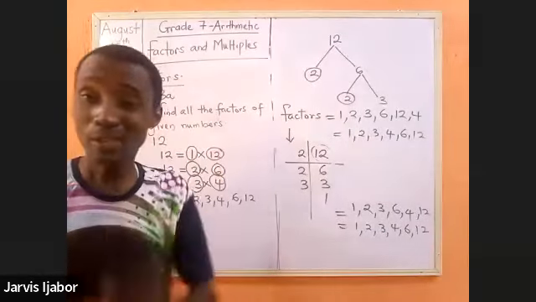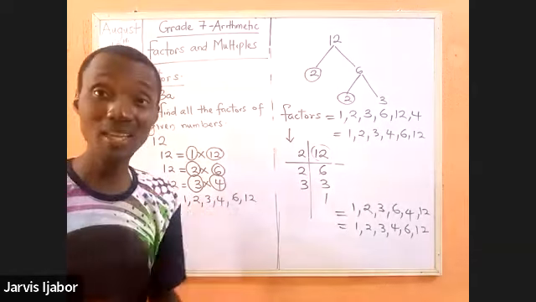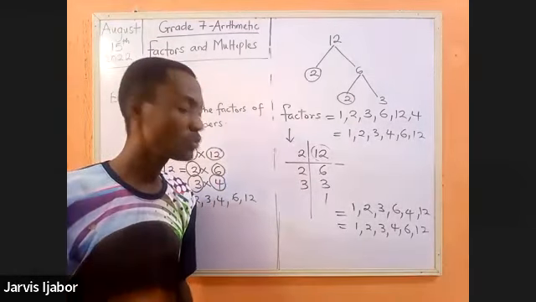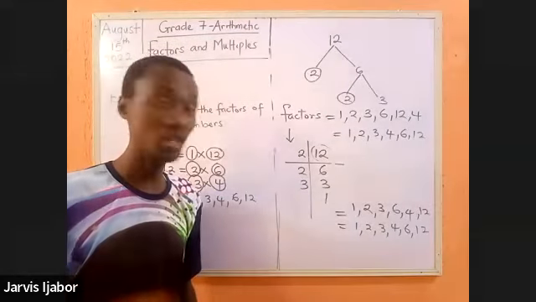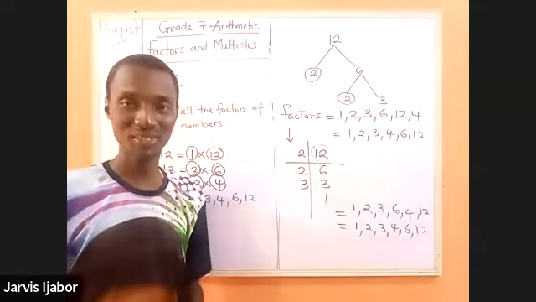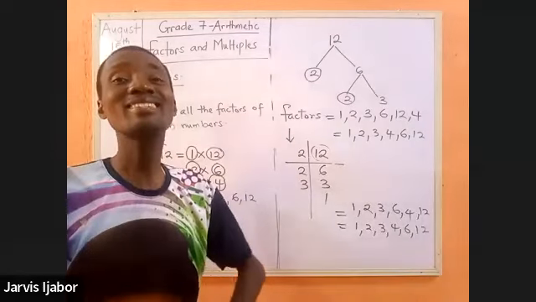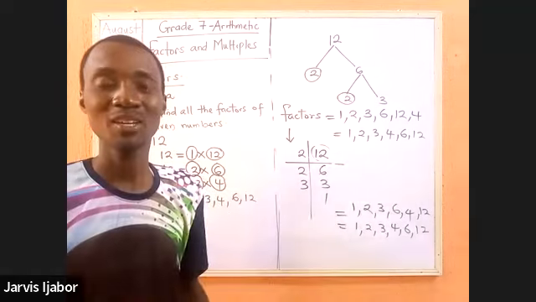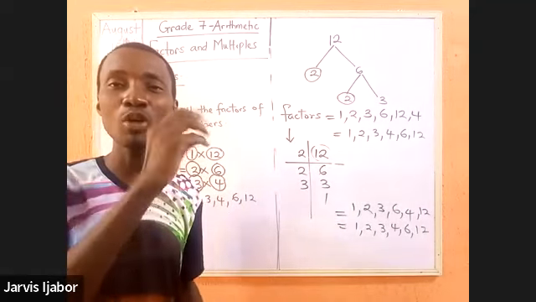Use all 3 methods to solve question 1, A to J. Solve all the questions. Because remember, this is the heartbeat of arithmetic. The more you solve, the more you begin to see.